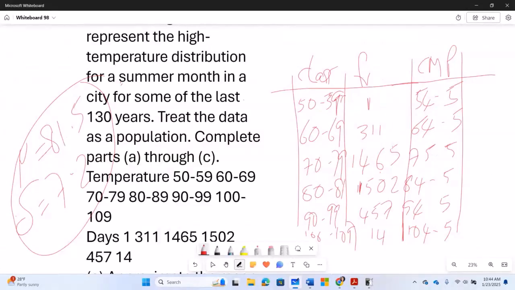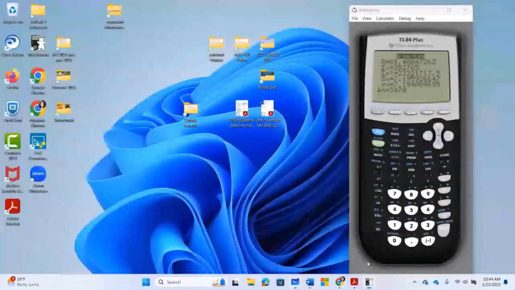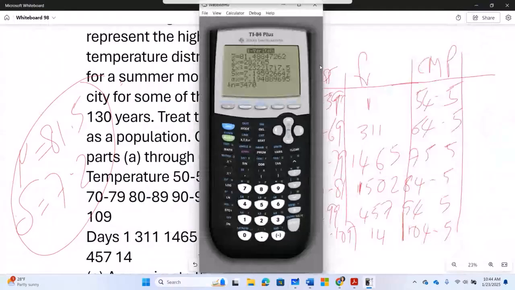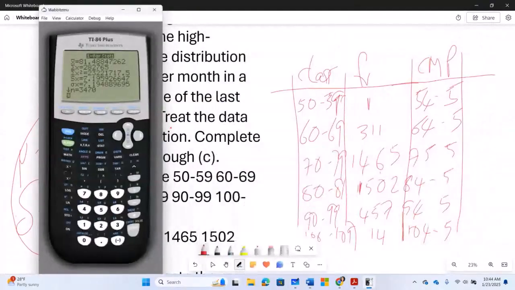The next thing we are told to do is to draw a histogram of the data. Even though we're not given the raw data, we can still draw a histogram of the grouped data from what we have. I don't know the original data, but they told me to draw a histogram.